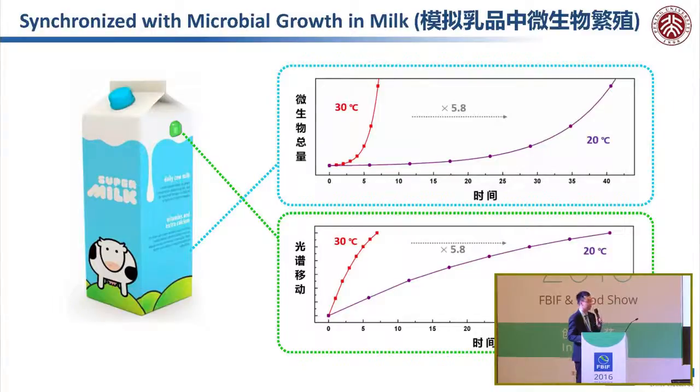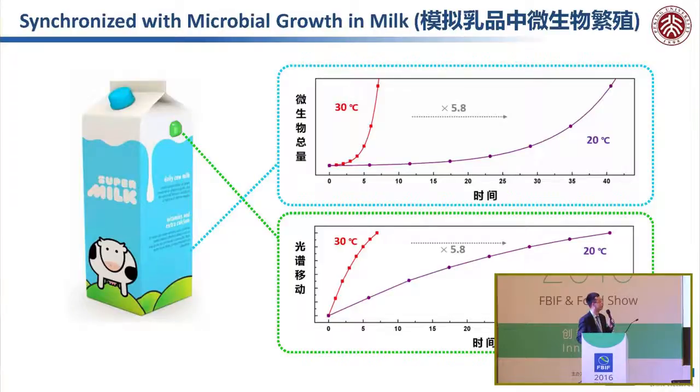We took microbial growth in milk as an example to test the efficacy of our TTI. We chose 30 degrees Celsius and examined and recorded the population of bacteria. It shows exponential growth behavior.